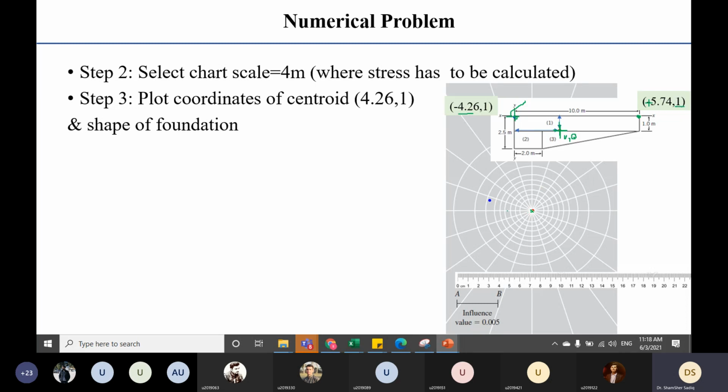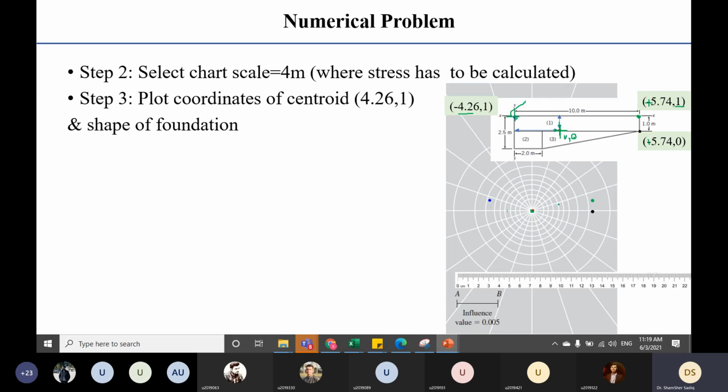Again, you will take a scale. You will place the scale here on the centroid and plot 5.74 centimeters, or whichever unit you are taking, to 1. You have to keep the scale consistent. Then you have to locate this point. This point y is 0 and x is plus 7.54. Similarly, you will take a scale, and it should be located somewhere here.